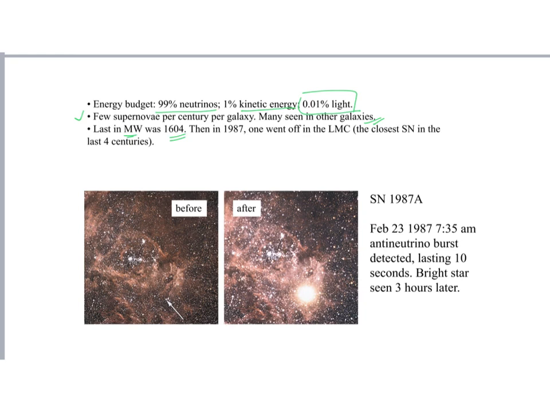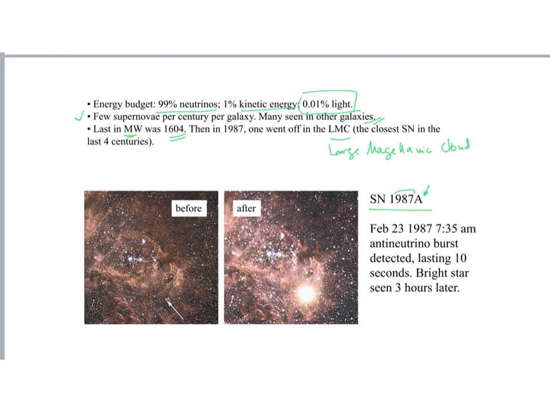It's that luminous. Okay, so this is an example, supernova 1987A. This is the year in which it happened, and it's A because it's the first that happened in that year, and that went off in the Large Magellanic Cloud, which is a dwarf galaxy that's neighboring our own Milky Way.